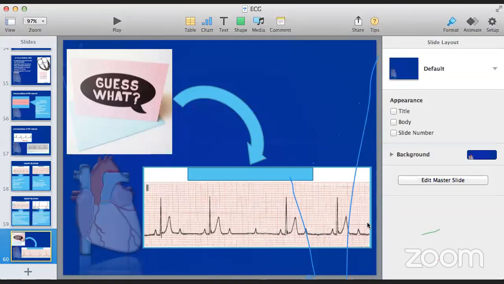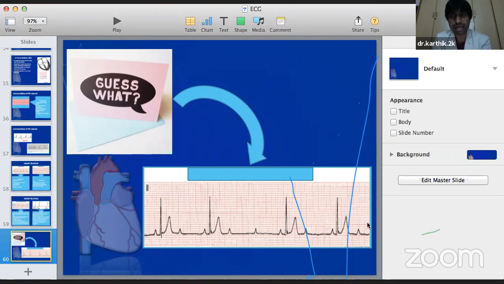Sir, one more question, sir. In case of abnormalities of P wave, tall P wave indicates what, sir? Widening P wave indicates what? When there is a widening of the P wave, we can have enlargement of both the atrial chambers.